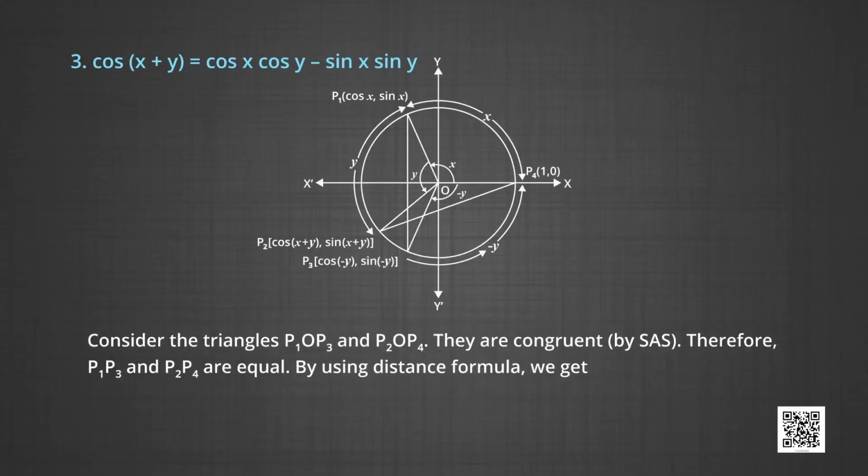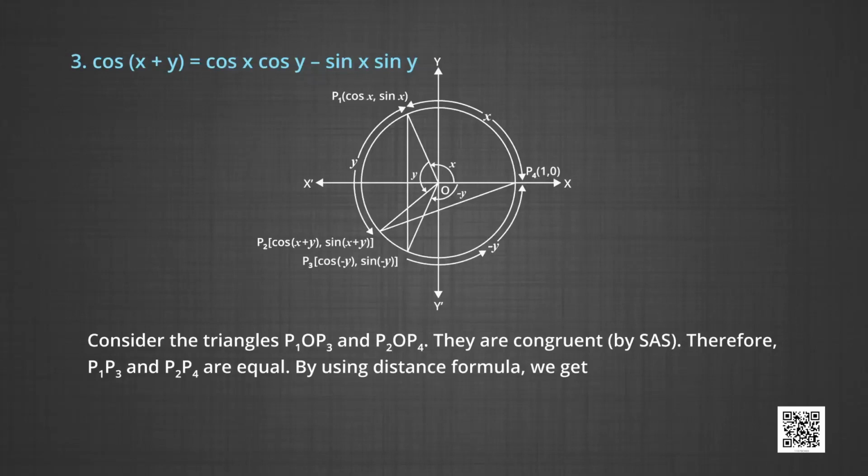Consider the triangles P1OP3 and P2OP4. They are congruent by SAS property. Therefore, P1P3 and P2P4 are equal.